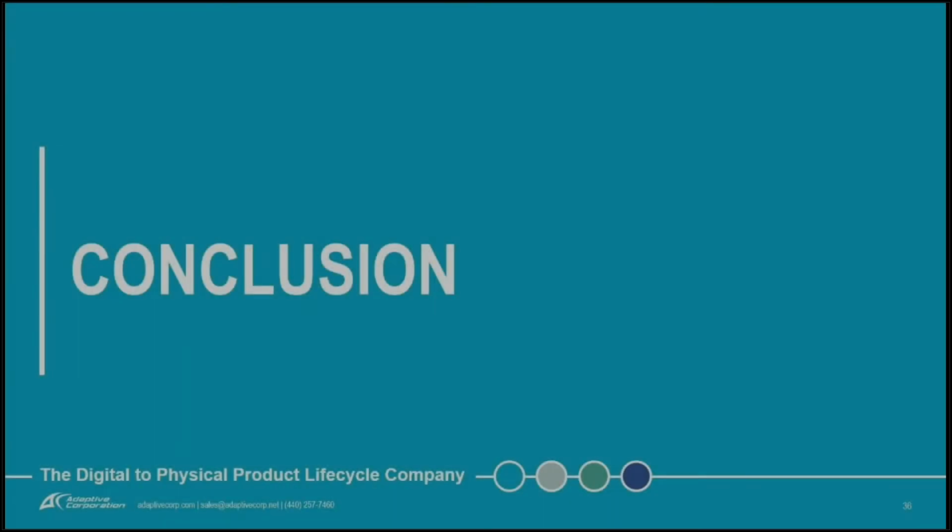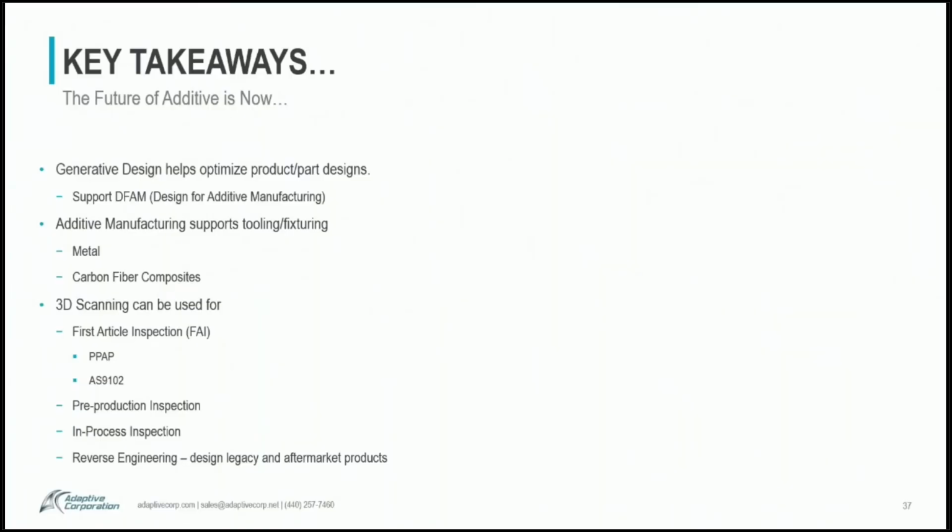So in conclusion, a few key takeaways. What we tried to demonstrate is that generative design helps optimize product and part design. So starting with your product and part, if you're really looking to leverage additive, generative design really is maybe that potential bridge to help you with design for additive manufacturing.